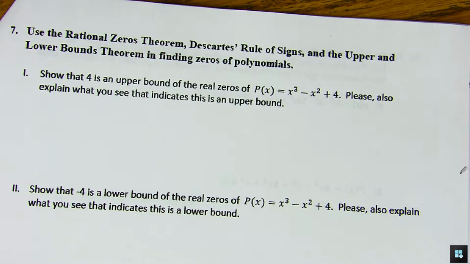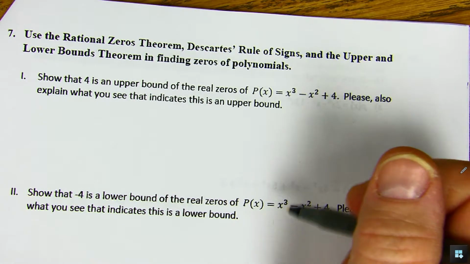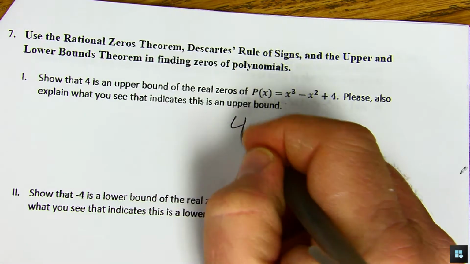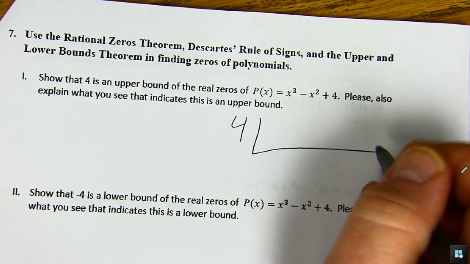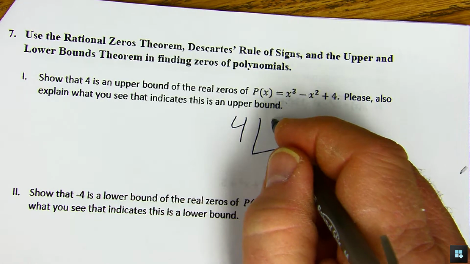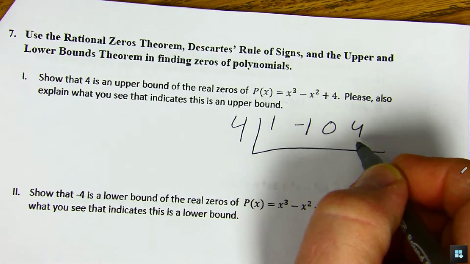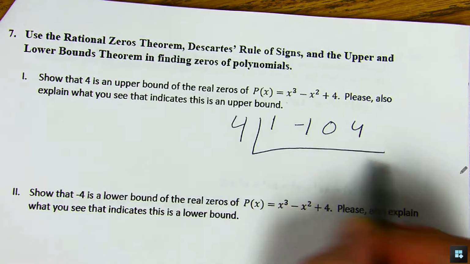Here we go. If I plug in 4, so actually, sorry, upper bound, don't plug it in. Do synthetic division and show that they're all positive.